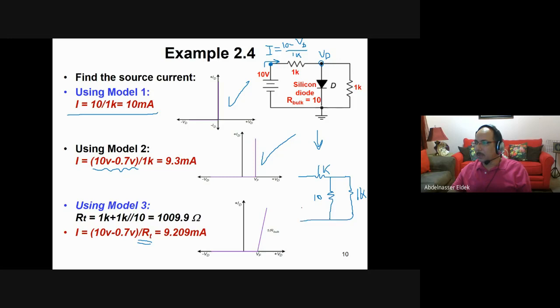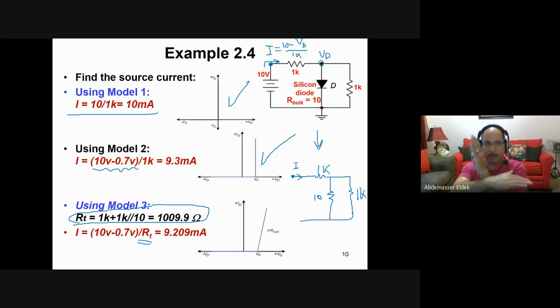Okay, so now the current equals what? This current I equals this 10 volt minus 0.7 divided by the total resistance here. This total resistance will be 1K and 10 in parallel with 1K. 1K parallel with 10, of course, you just multiply over the summation.